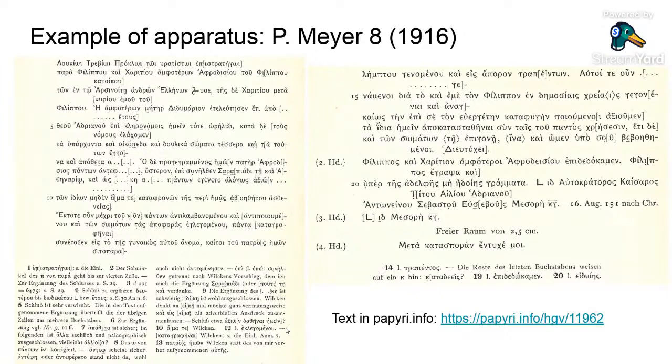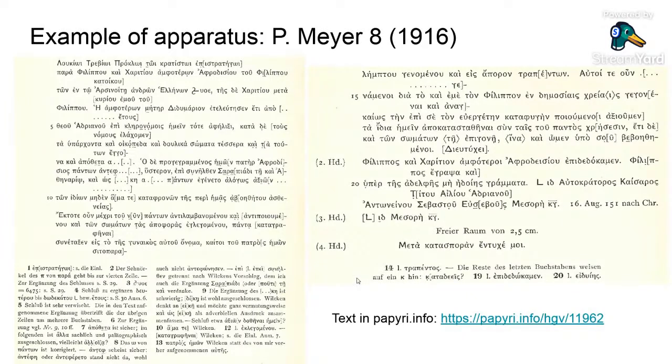So this is a more elaborate apparatus. And if you look at the right-hand side text, the first line there is autoi te un, and then there is a big gap, and genameno, and that would be the practice demo part that we might be looking at today.